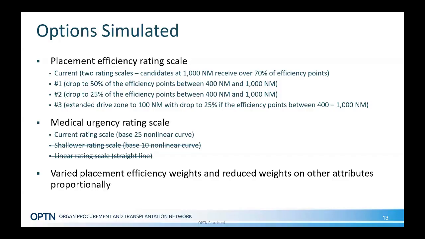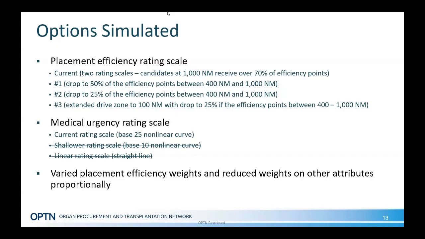So within the abbreviated time provided to the committee, only a limited number of modifications to the placement efficiency score were possible to examine. There are really two ways to manipulate the placement efficiency attribute. One way is by changing the actual number.